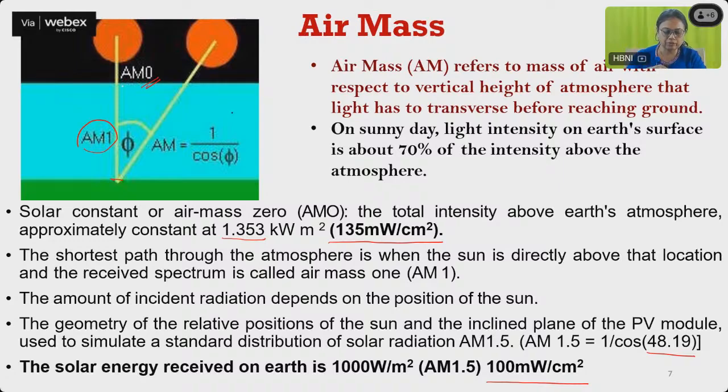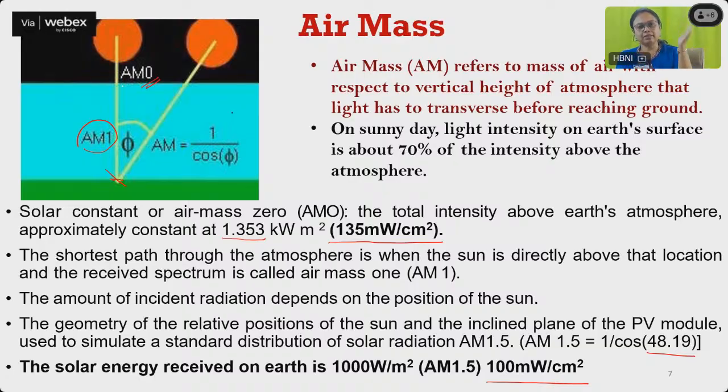So the amount of incident radiation depends on the position of the sun, and the geometry of the relative position of the sun and the inclined plane of the photovoltaic module, used to simulate a standard distribution of solar radiation. So our module can be tilted like this so that the light is directly coming.